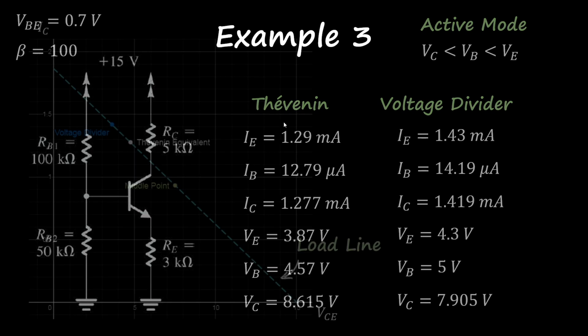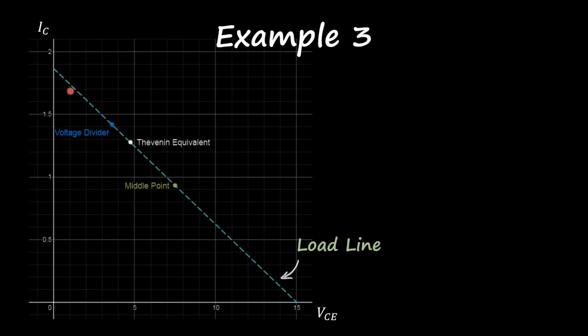And we can actually visualize that if I plot that information here on the graph where I have VCE on my x-axis and the current flowing through the collector on my y. I'm just pointing here the middle point of this load line, and the Thevenin equivalent is this white dot, and the voltage divider is this blue dot, and you see that the operating point gets shifted by applying the voltage divider. And this can make a difference, because if you are operating your transistor very close to saturation, when you calculate your parameters using your voltage divider, you might think that it's in saturation, but it's not there yet.